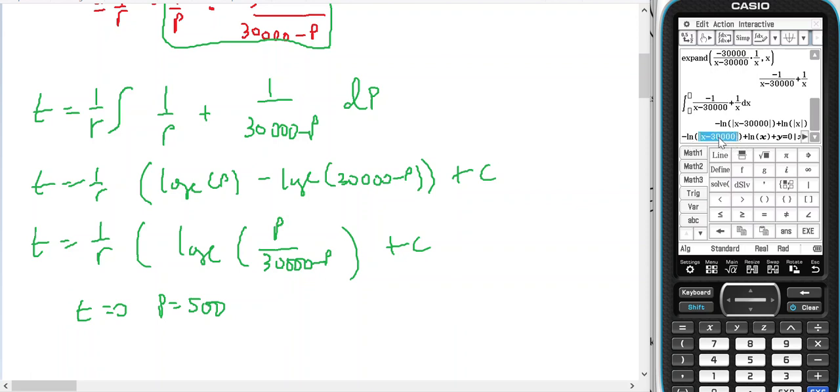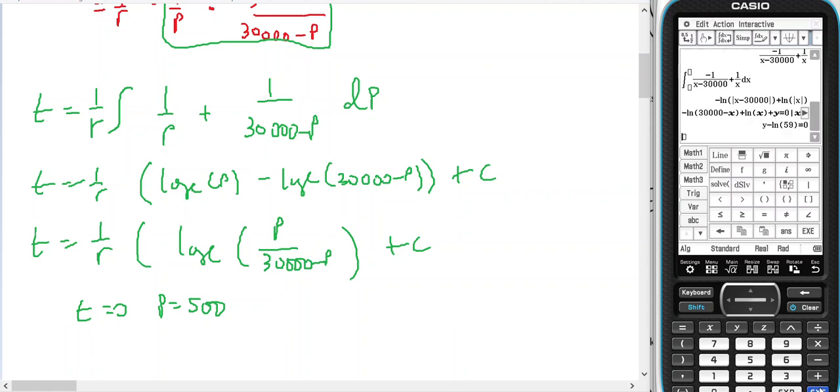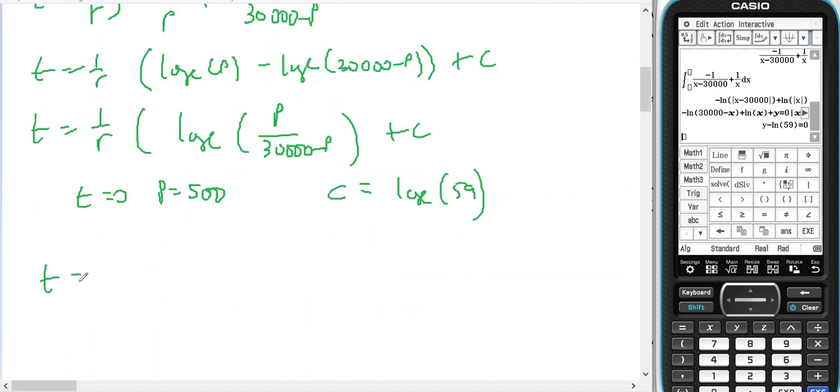I'm going to get rid of the modulus and write 30,000 minus x and solve for y. And that tells me that C equals log base e of 59, which means T equals 1 on R log base e of 59P on 30,000 minus P.